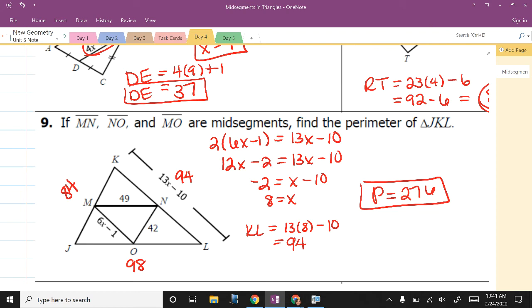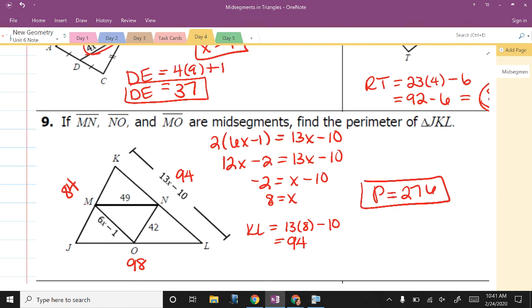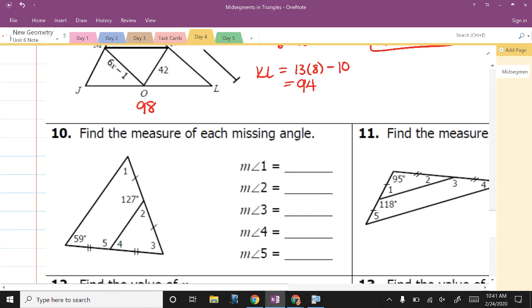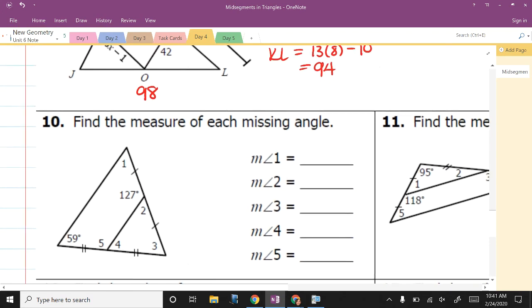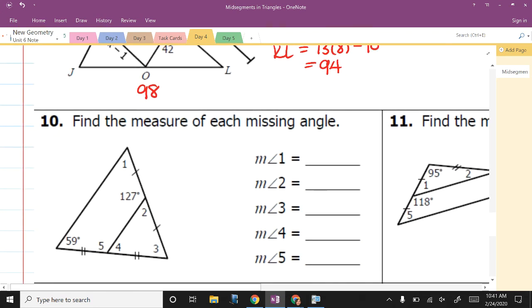Not terrible. The rest of the problems in this section have to do not with the lengths of the mid-segments and outside segments, but with angle measures. What do we know about mid-segments that might help us find angle measures?